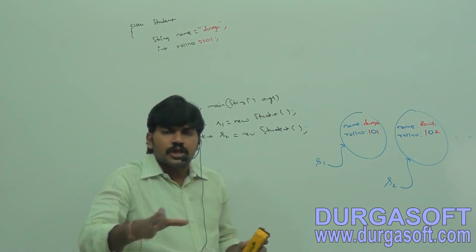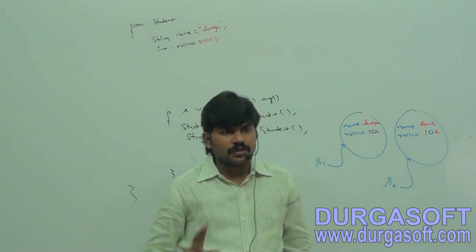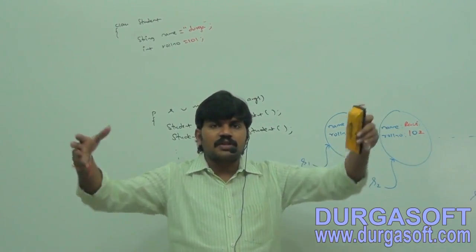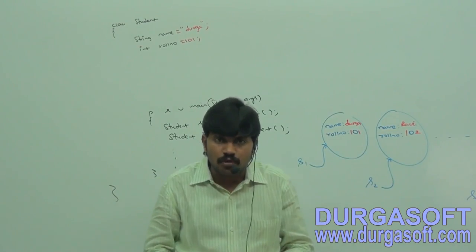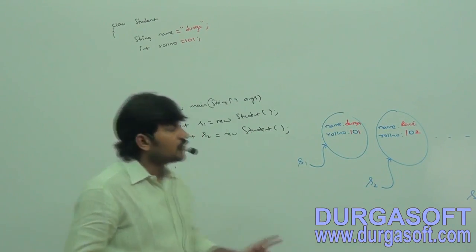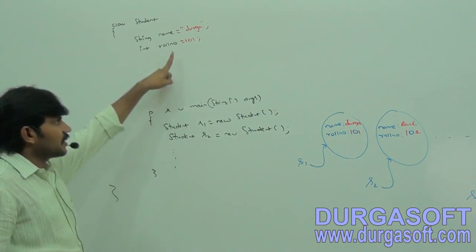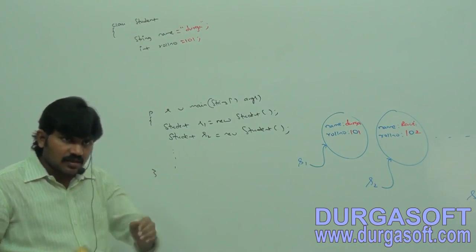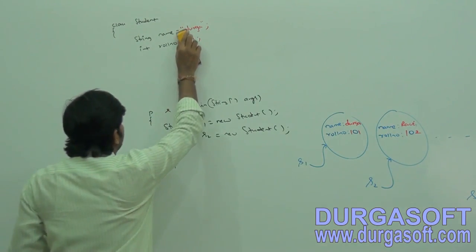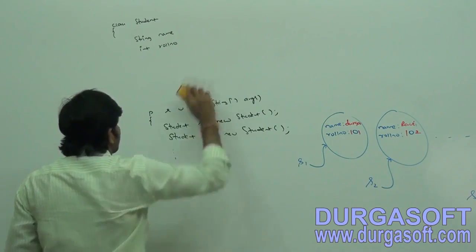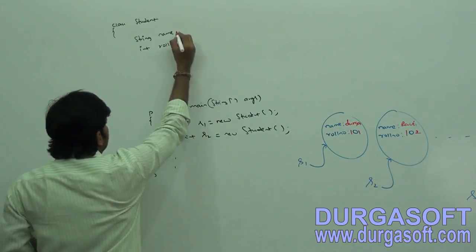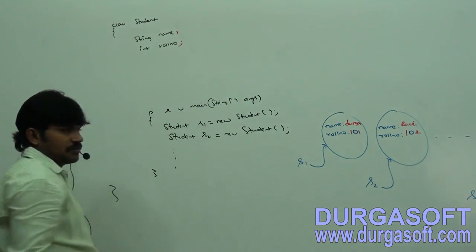That's why object to object, name and roll number should change. So this approach is not at all recommended. Correct or not? So it's never recommended to perform initialization at the time of declaration, right? It is not good.